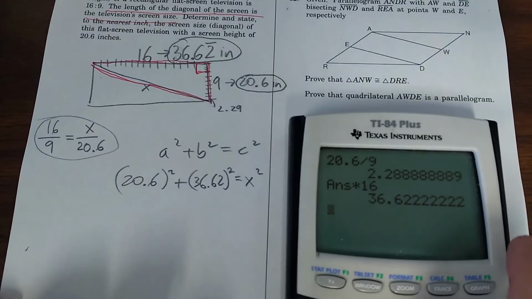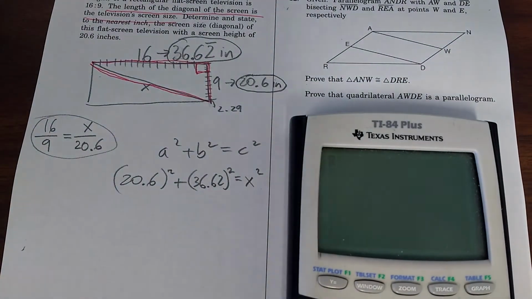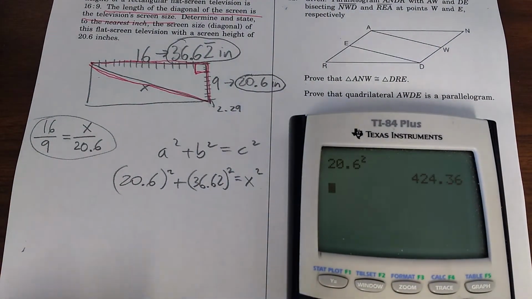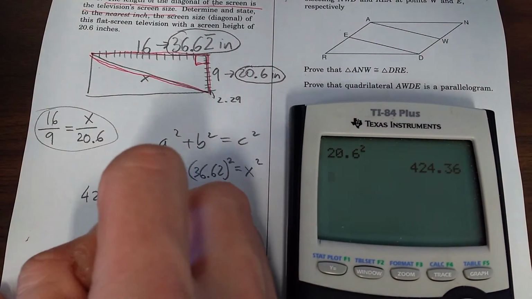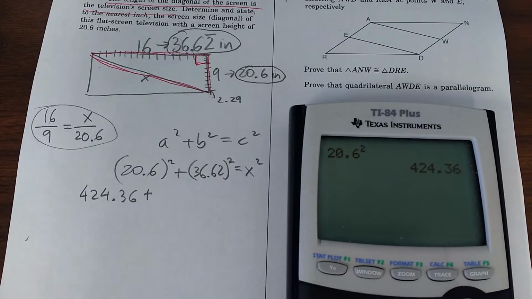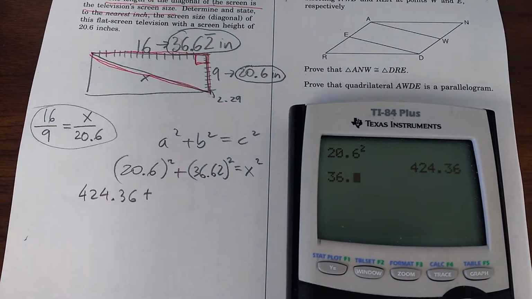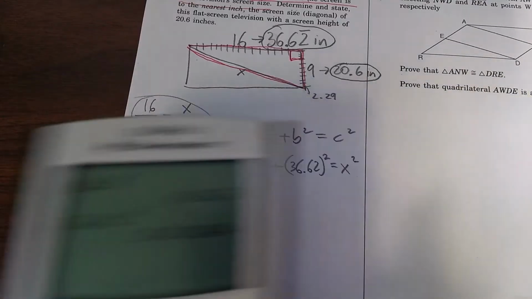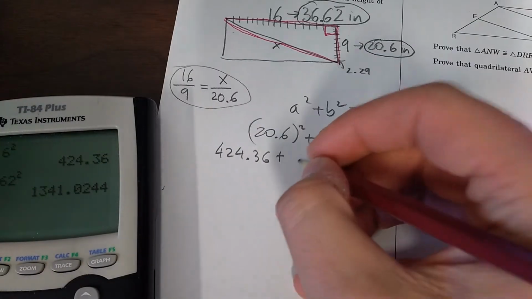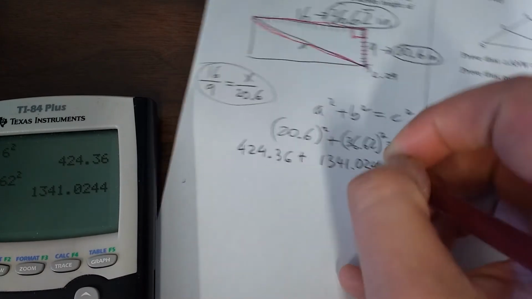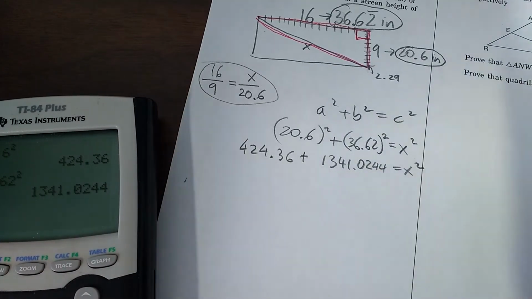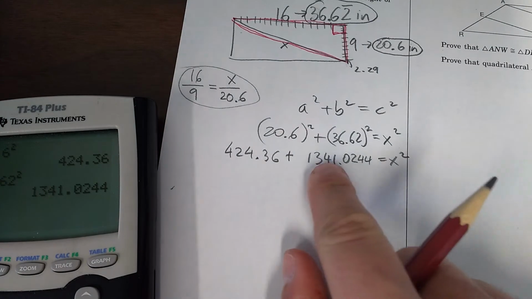Okay, so we just use the calculator to make our life easy. 20.6 squared plus 36.62 squared. Okay, then we add these two.